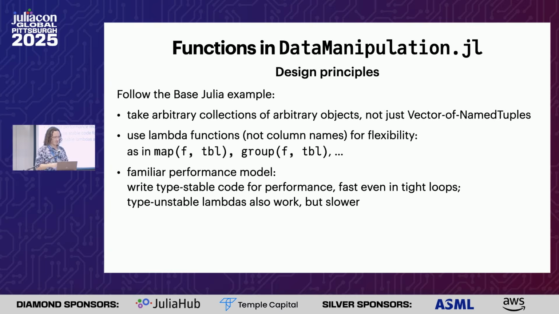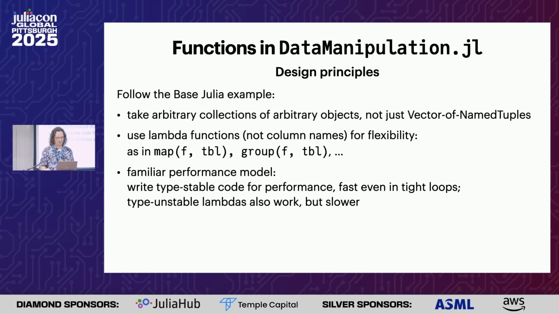There is heavy use of lambda functions for flexibility. Instead of specifying a column name, you can provide an arbitrary function. Same as you have in base map. It takes a function and a collection or a table. Same approach is, for example, in group. And as I said, the familiar performance model: write type stable code for performance, and it will be fast everywhere.